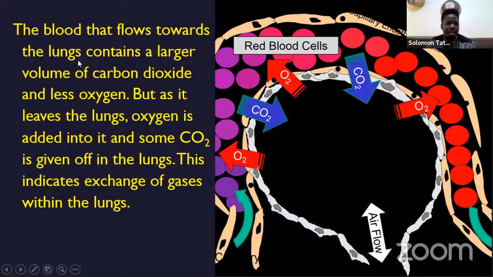Don't worry. So let's talk about the blood that flows towards the lungs. It contains a high volume of carbon dioxide and less oxygen. But as it leaves the lungs, oxygen is added into it and some carbon dioxide is given off in the lungs. This indicates exchange of gases within the lungs.